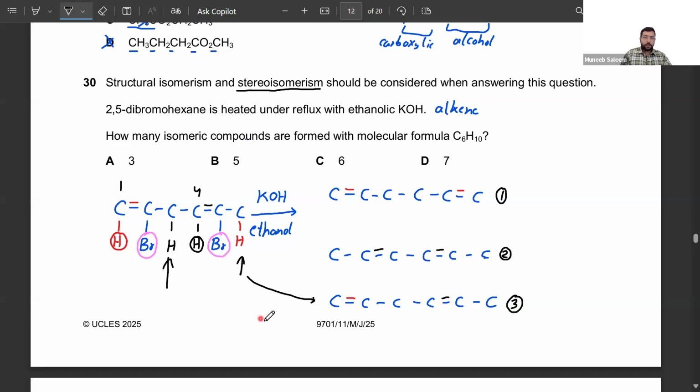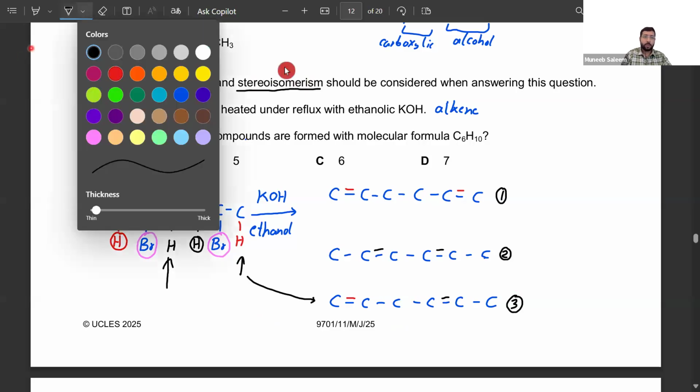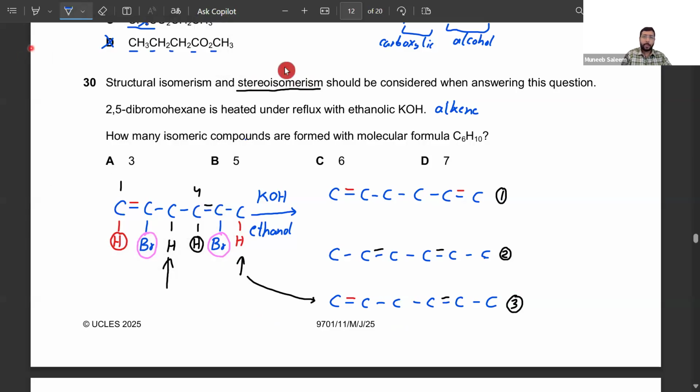Now, I'm going to indicate the stereoisomers that will be formed from these three different structural isomers. Stereoisomers include two further types: we have optical isomerism and we have cis-trans or geometrical isomerism, both are the same thing. Now you have to apply the two types of isomerism on all these three molecules.